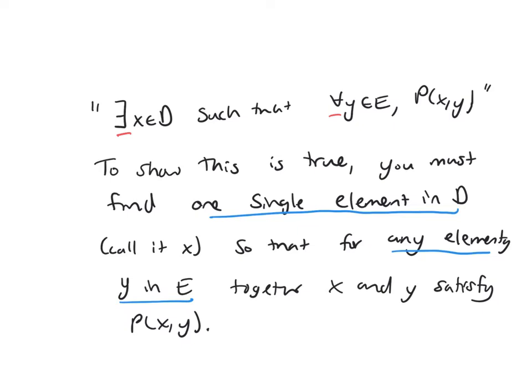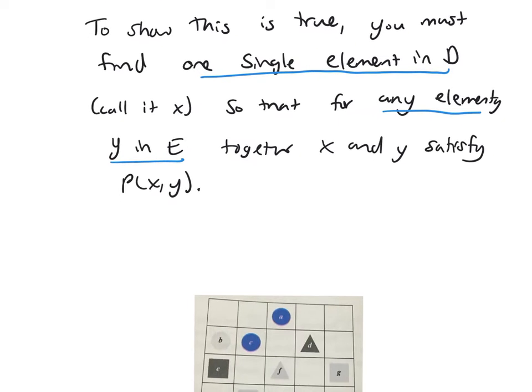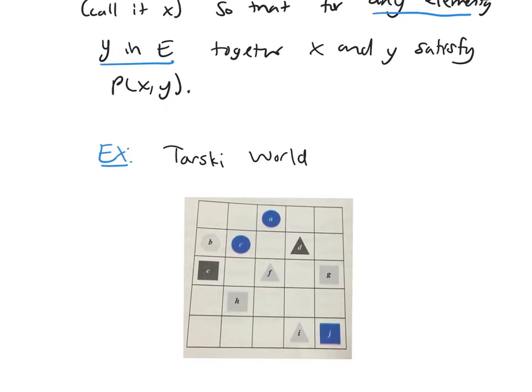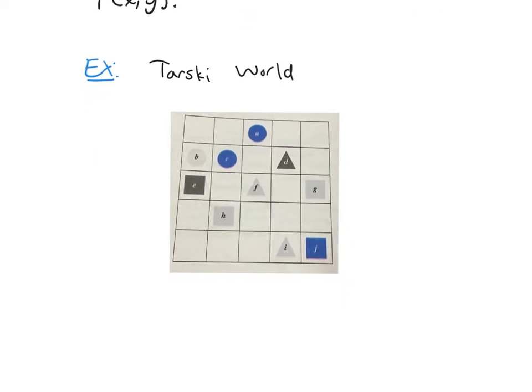So we're going to look at an example here again. We're going to go back to that Tarski world example with the following diagram here. It's the same one that we had in the last example. And we want to show that the following is true.